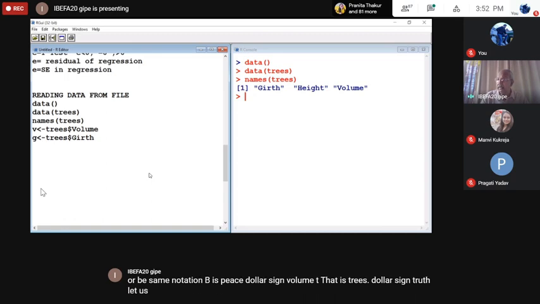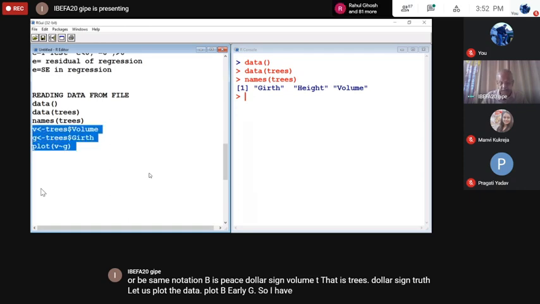Let us plot the data. Plot V curly G. So I have everything.